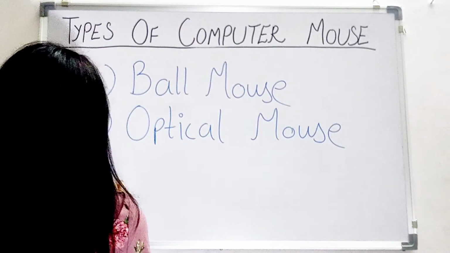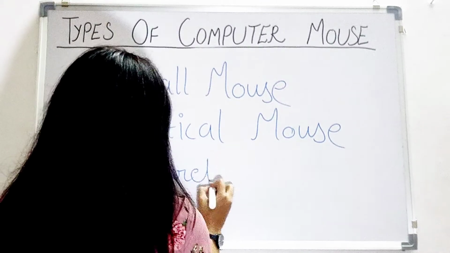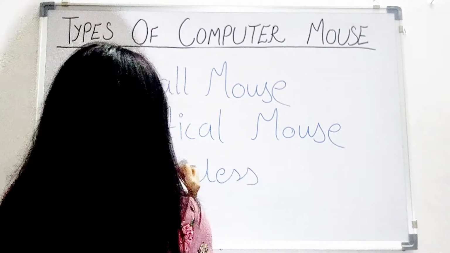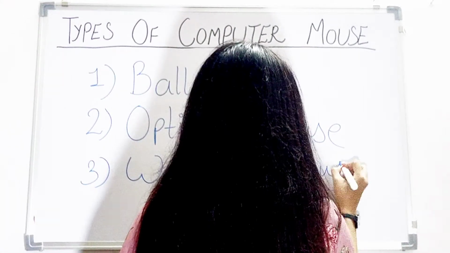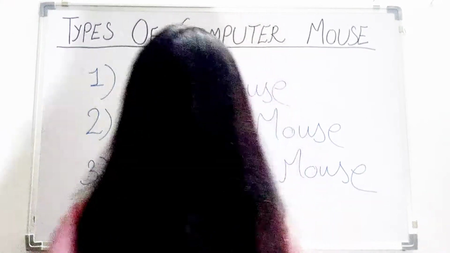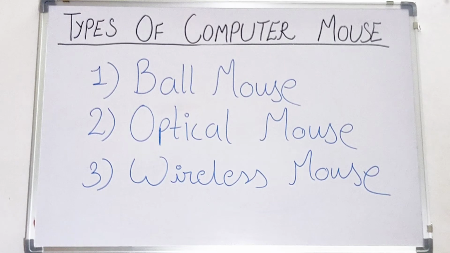The third one is wireless mouse. So these are the three types of computer mouse. Now I am going to explain each of them.